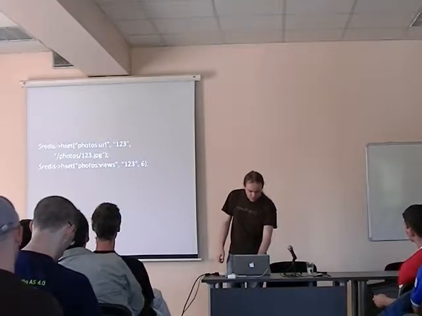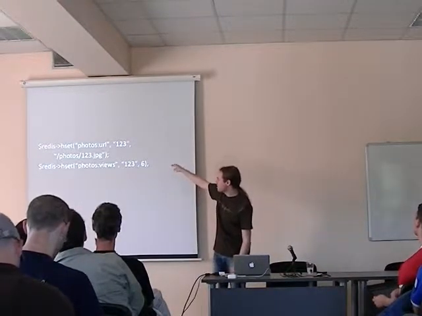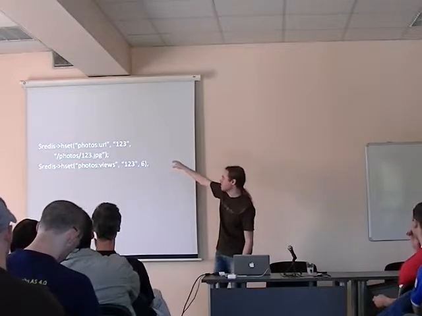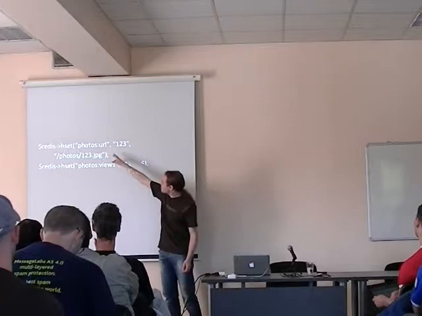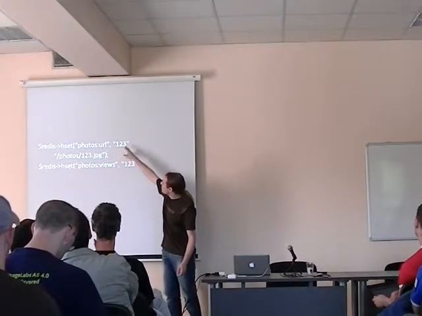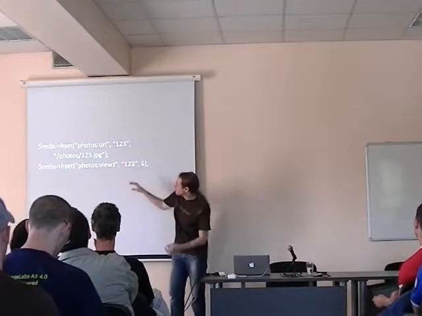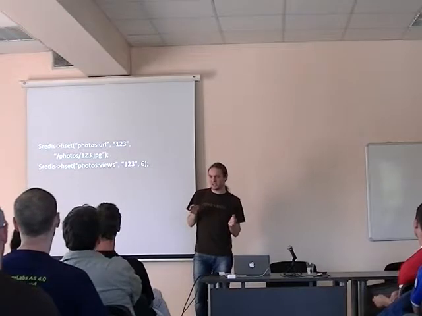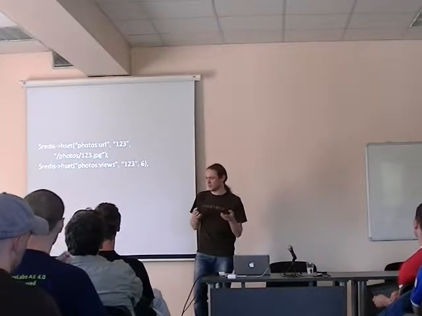So, for example, this is a hash. I mentioned photos and views earlier, so I'm going to use that as an example again. Here you've got the name of the key, and then you've got a name here and a value. One thing about Redis is, although it's not a relational database, you still have to think a bit about the schema.